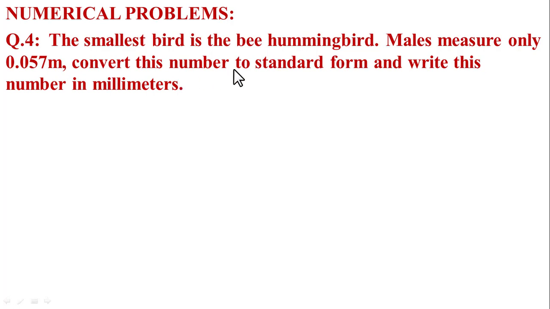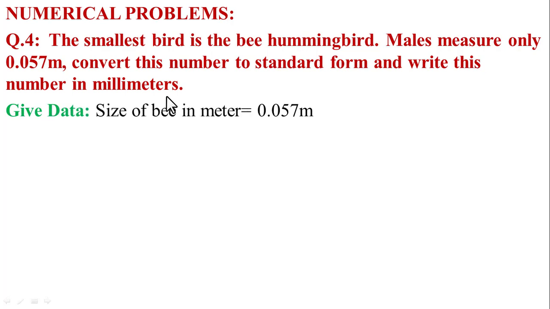Convert the number to standard form and write the answer in millimeter. First of all, we write the given data. In given data, size of bee is 0.057 meter. Now we will write the standard form.